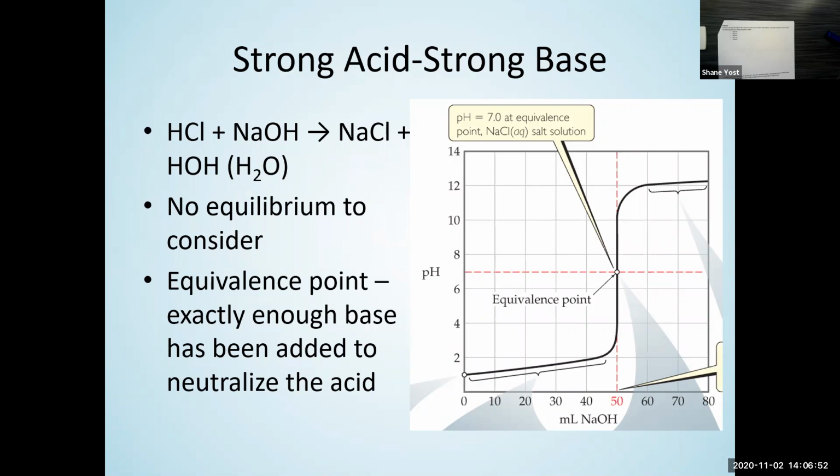Say I start off with a solution of hydrochloric acid, and I'm titrating it with sodium hydroxide. When I add the sodium hydroxide to the hydrochloric acid solution, I'm going to react those two things to form a salt, sodium chloride, and water.